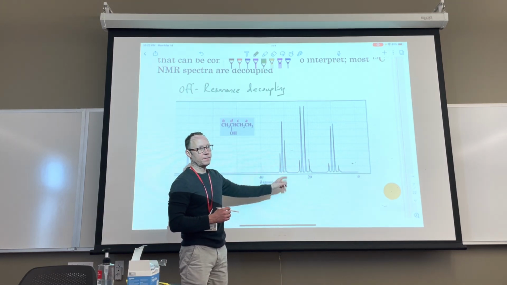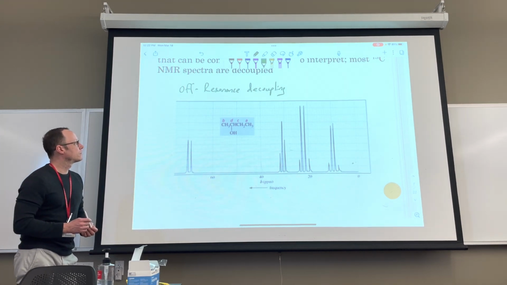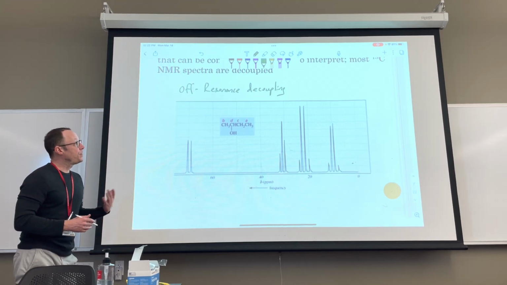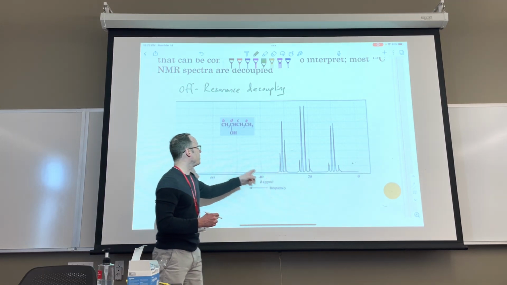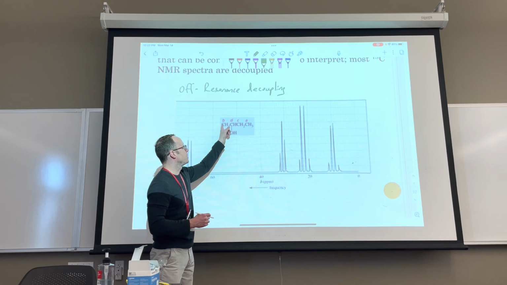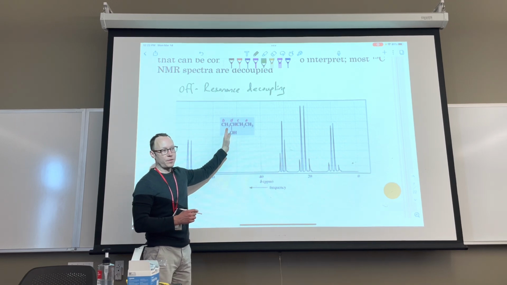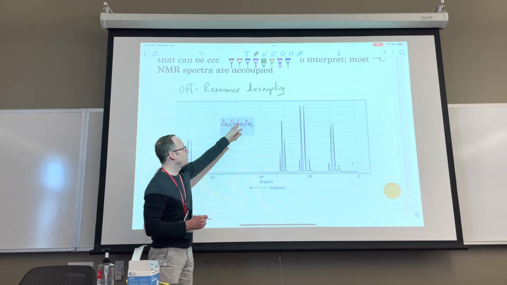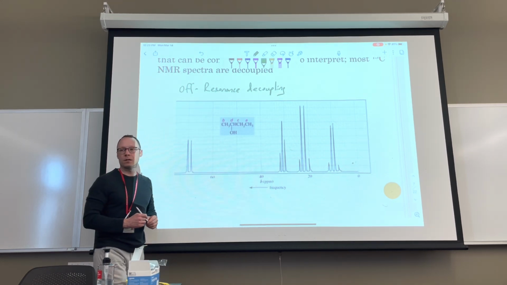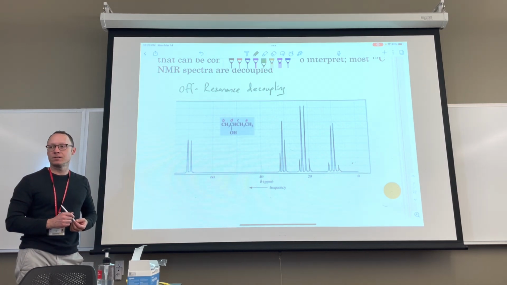What's the triplet here? Just based on its chemical shift, it's got to be one of those carbons not directly attached, but we'll call beta to the hydroxyl. Either B or C are going to be the next most deshielded carbon atoms, because they're the next closest to the electronegative oxygen.